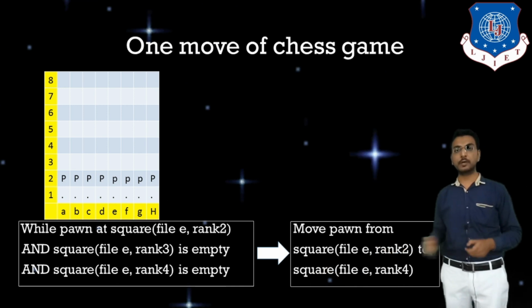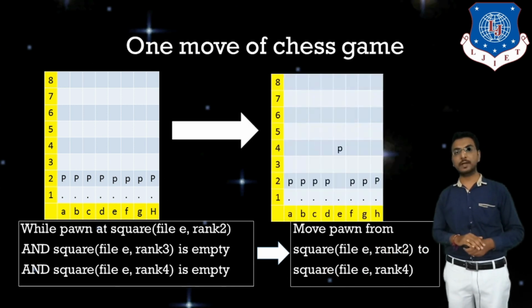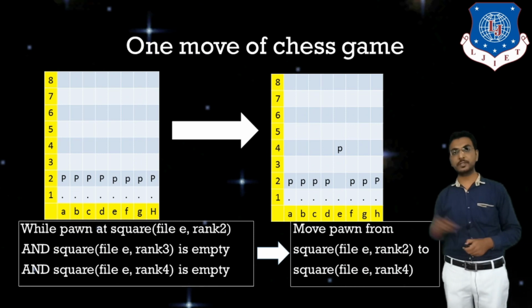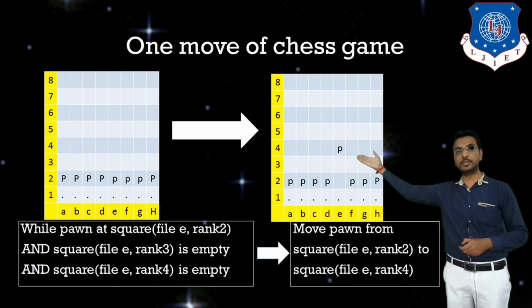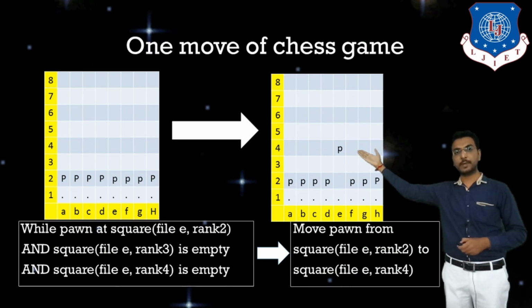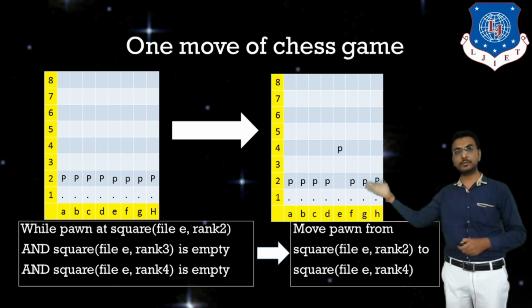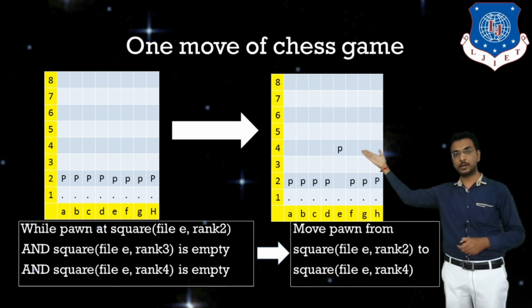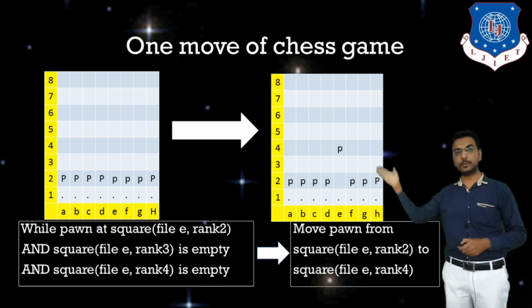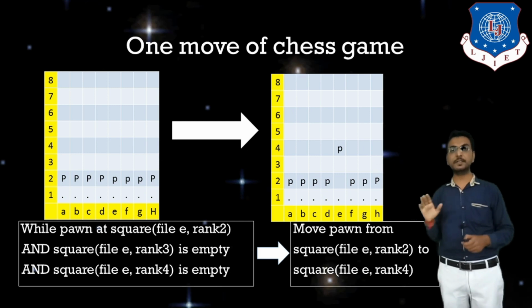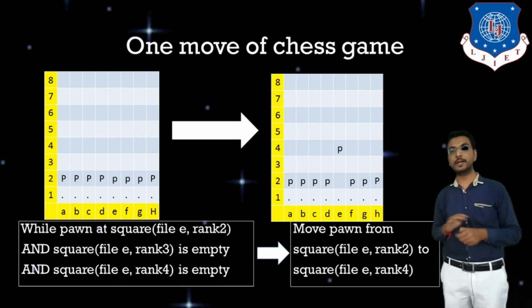After moving, we will have the scenario like this: my pawn has been shifted from this position to this position. So this is one particular move that I have shown regarding the chess game.